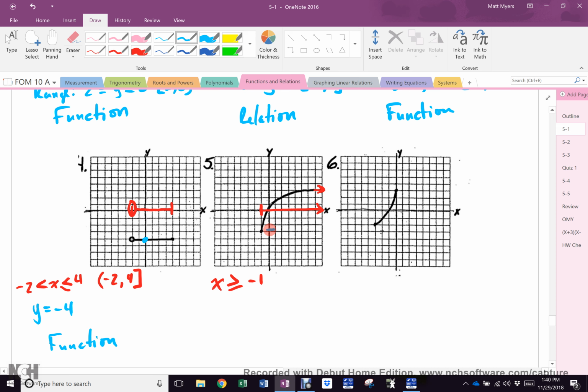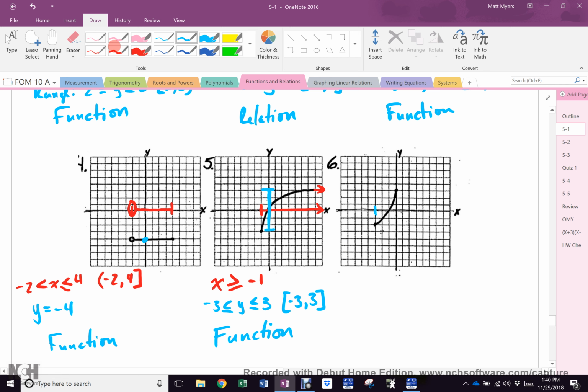And the range from there up to there where it goes flat. What is that? Negative 3 less than or equal to y less than or equal to positive 3. Negative 3, 3. Is it a function? Yes. Here.